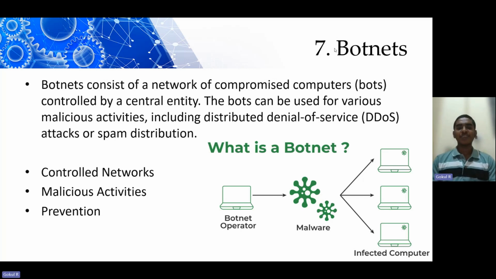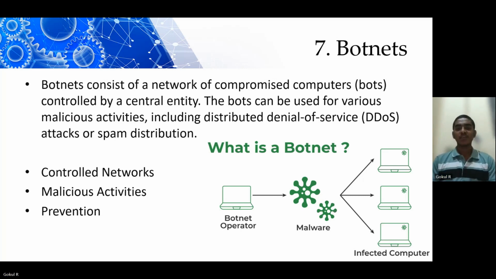Commonly, they control a network of compromised computers controlled by a single entity. They are used for DDoS attacks, spam distribution, and other coordinated malicious actions. How to prevent? Keep software and systems up to date, use strong passwords, and employ network security measures in our systems.